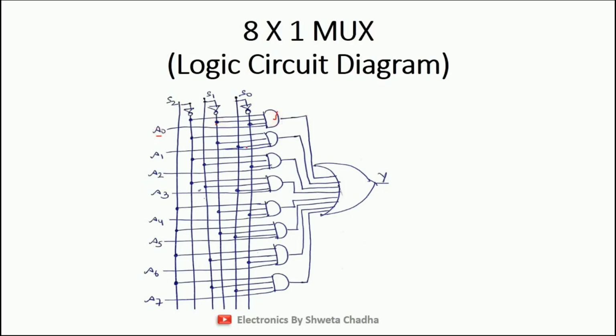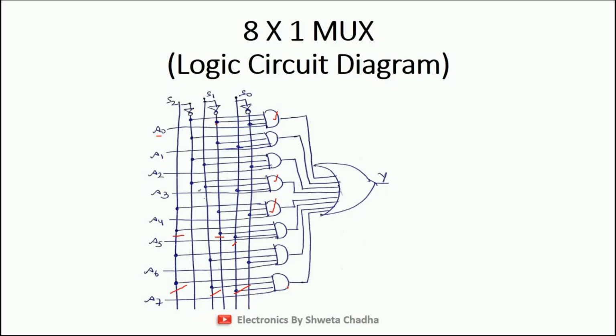Then we have 0, 0, 1, A1, 0, 1, 0, A2, 0, 1, 1, A3, 1, 0, 0, A4, 1, 0, 1, A5, 1, 1, 0, A6, and 1, 1, 1, A7. 1 stands for S2, S1 or S0 accordingly, and 0 means S2 bar, S1 bar or S0 bar accordingly.